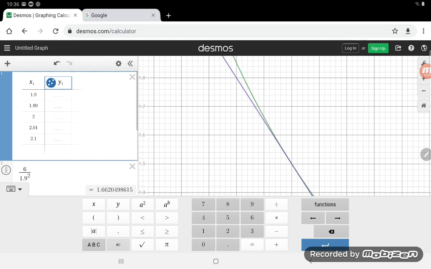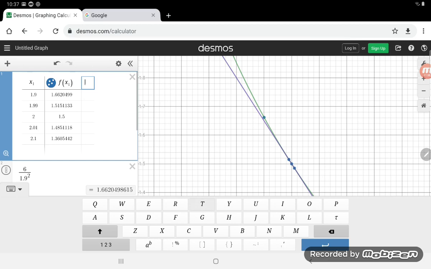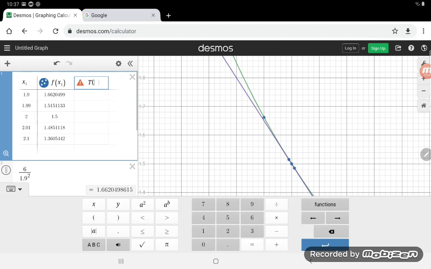So I have that, and then if I come up here and I edit that y, and I call it f of x, not f of x, sorry, f of x1. It needs to have the right variable in there, so f of x1, there we go. And so I can do that, and there are my values. And similarly, I can go in here and do my uppercase T of x1. And there are my values there.